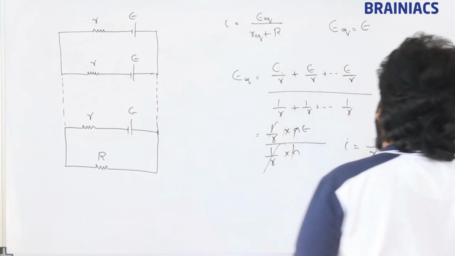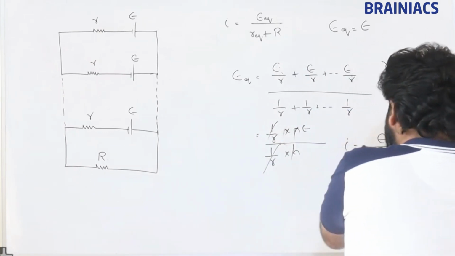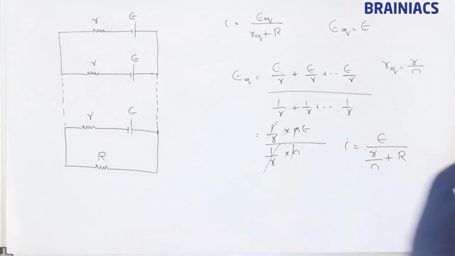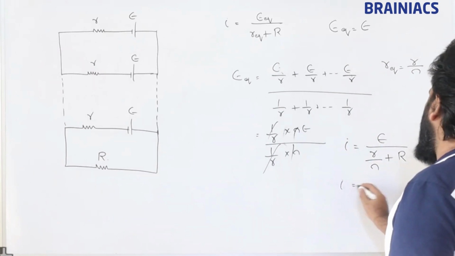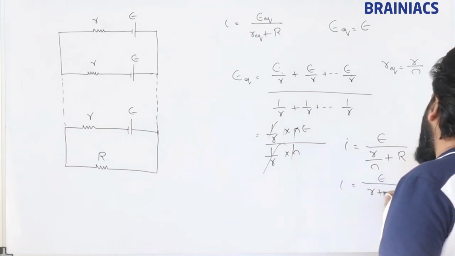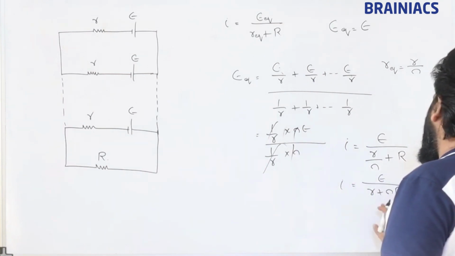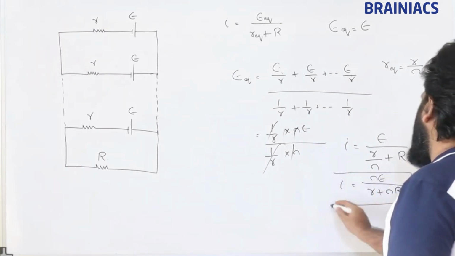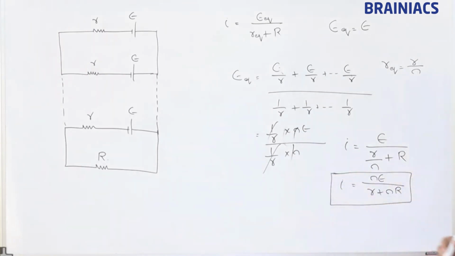So R by N plus capital R. So I will become E divided by R plus NR, and this N will go here. So this is the current that we get from equal cells with equal internal resistances if we connect in parallel.